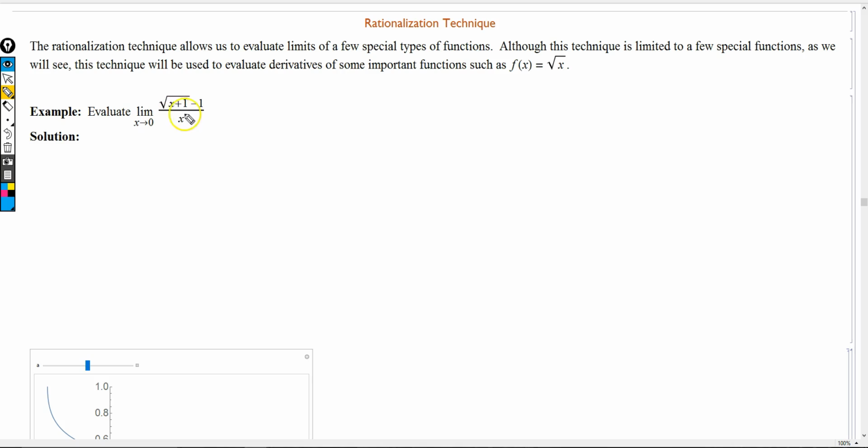Well, if we put 0 in for x, notice that we get the square root of 1 minus 1 divided by 0, and that of course is 0 over 0. Now when we get that, that means that this limit may exist, so we have to do some further analysis on it. So what we're going to do to evaluate this is the following.